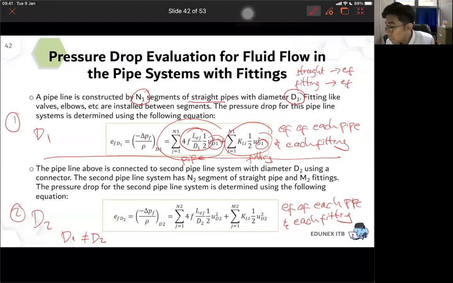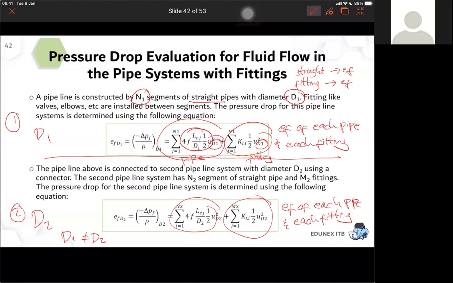Do the same for the second segment. In the first segment, you use the velocity at diameter 1. For the second segment, you use the velocity of the second diameter. But if you want to connect these two segments with different diameters, you need one more fitting, right?